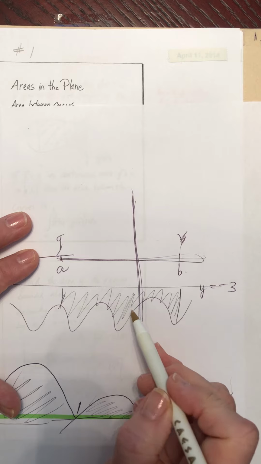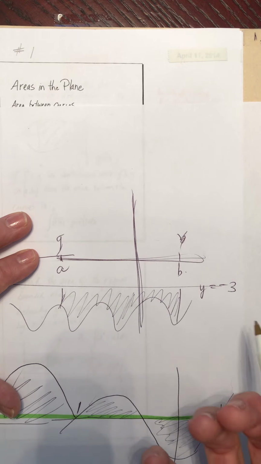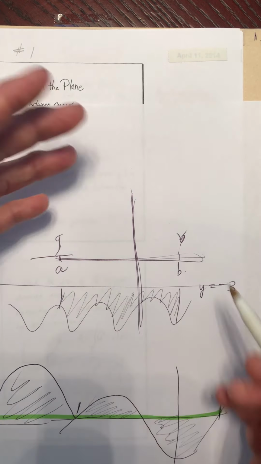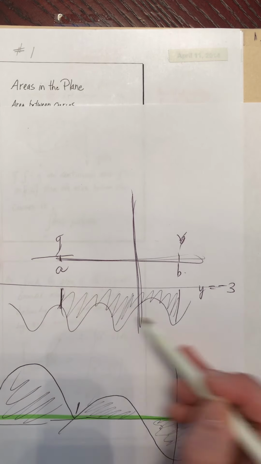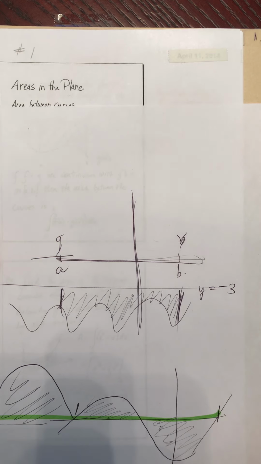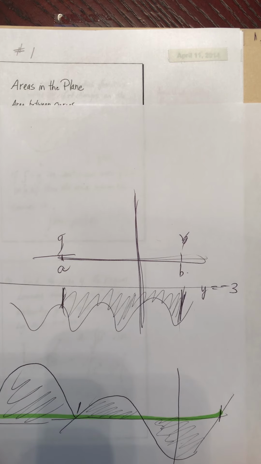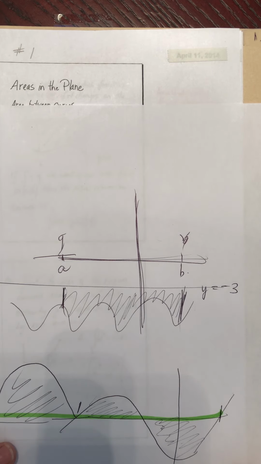It is a matter of what is the quantity between two curves. So yes, everything is existing down here below the x-axis, but when I figure out the area from here to here, it's going to be positive if I do it properly. So what we now really care about is being able to identify which was the higher function.